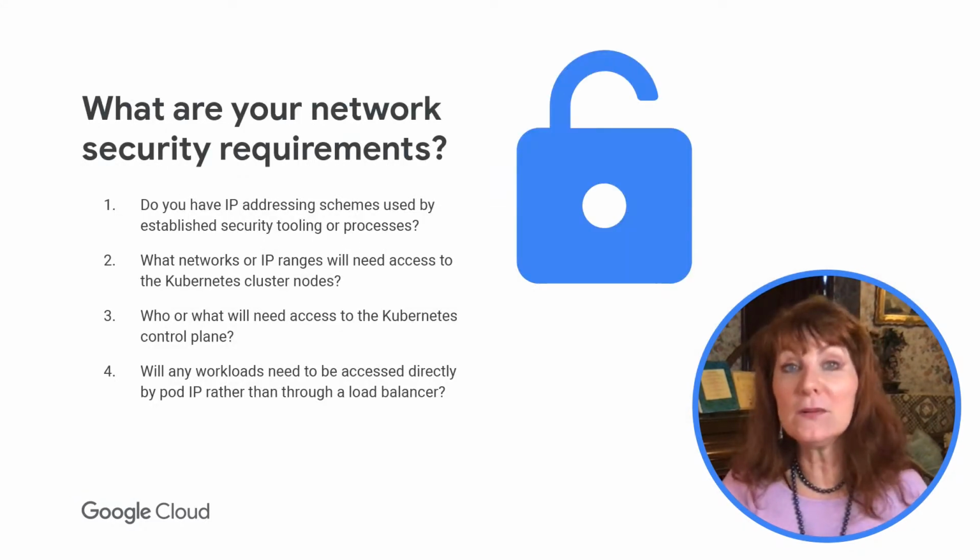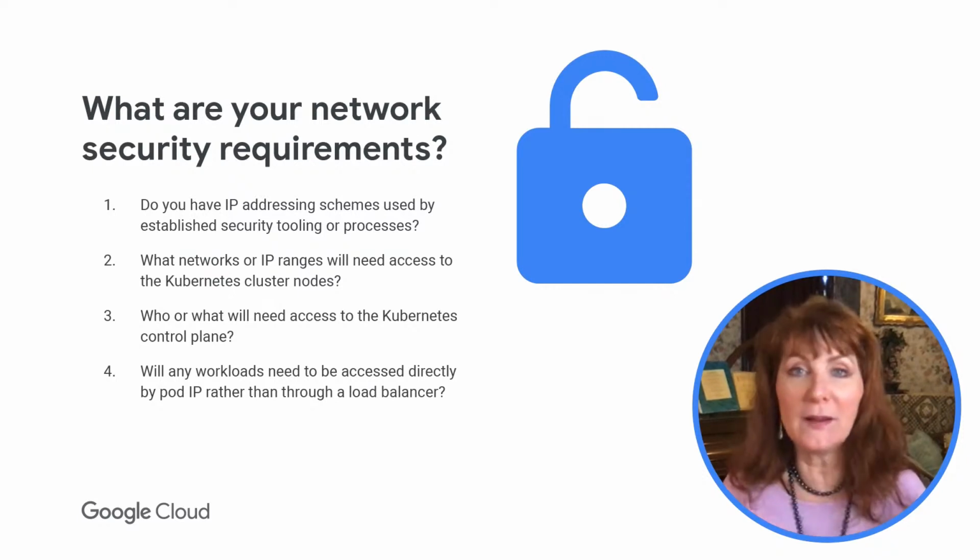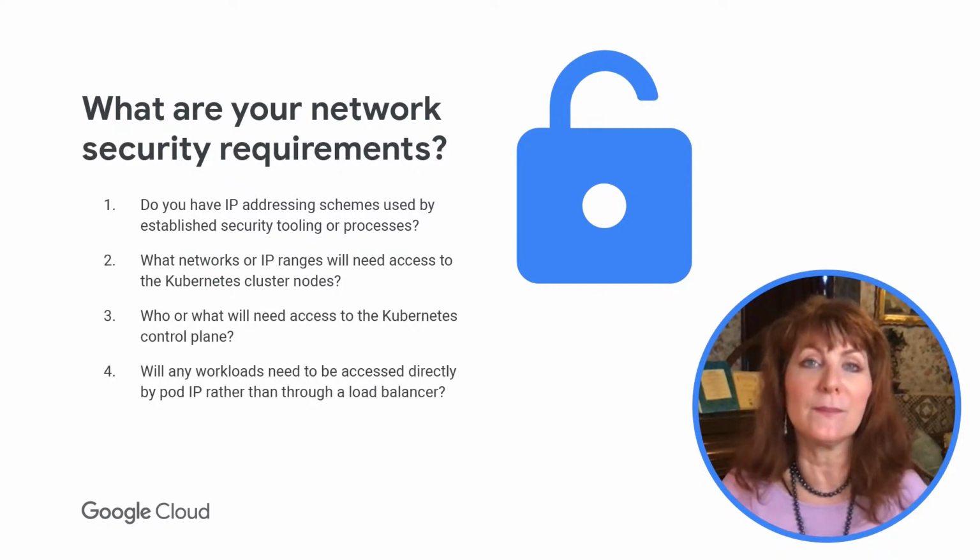Now, by default, Google networks are provisioned with reasonable security for the general use case. But understanding your specific needs allows you to add additional features and settings to increase the security of your networks. However, there are some key considerations, such as, do you have an IP addressing scheme used by established security tooling or processes? And if so, your network should be compatible with these tools, of course, to maintain current security levels.